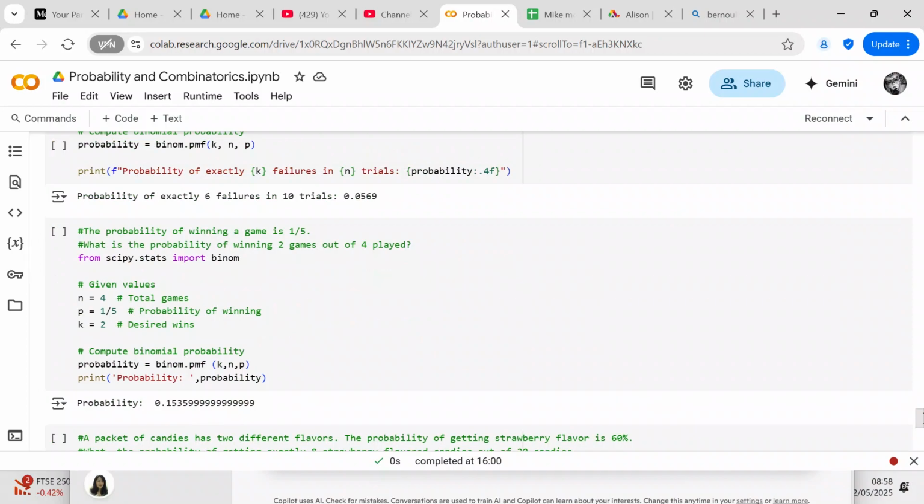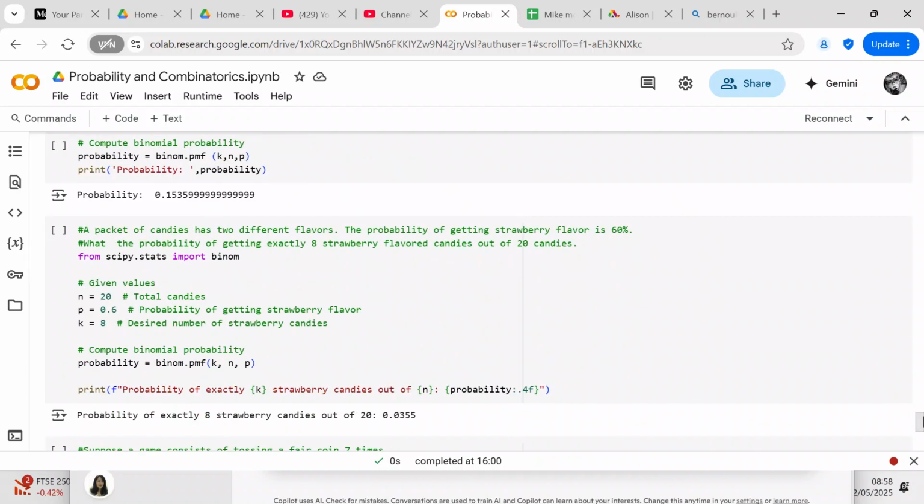The total games is n equals 4. The probability of winning is p equals 1/5, and the desired wins is k equals 2. So we're going to compute the probability, probability equals binom.pmf, k, n and p. So the probability is 0.15359999.